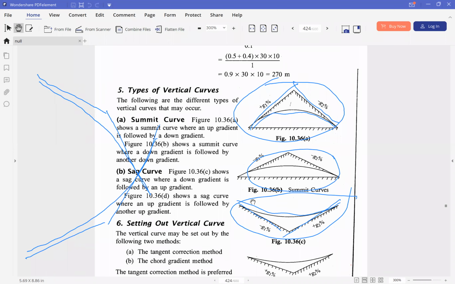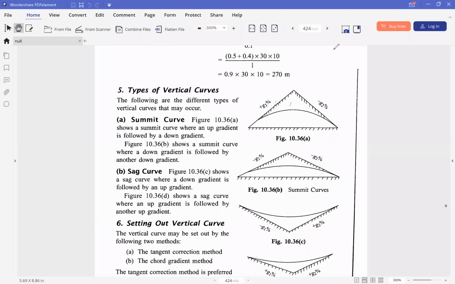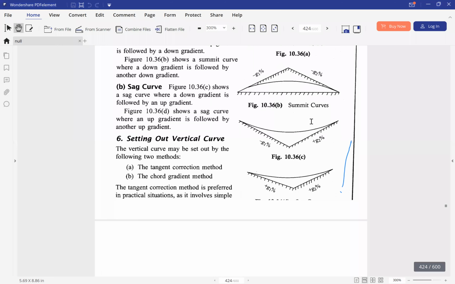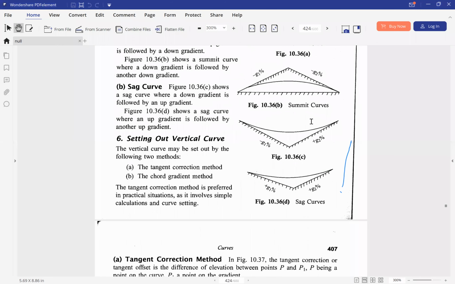Then we have setting out the curve. A curve can be set out by using two techniques: the tangent correction method, and the second one is the chord gradient method. Normally we follow the tangent correction method.